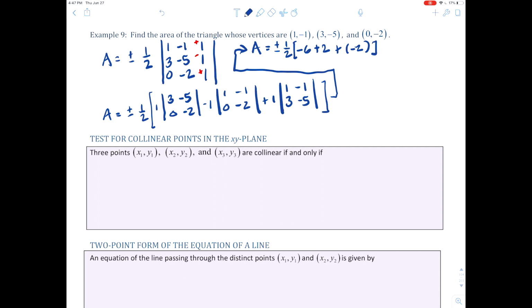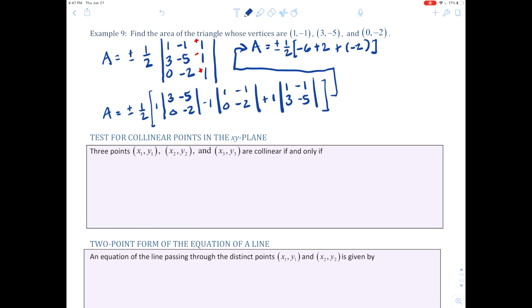So that's going to give us the area is equal to plus or minus, these 2's will zero out, so plus or minus -3, which of course we would have the area is 3 square units.